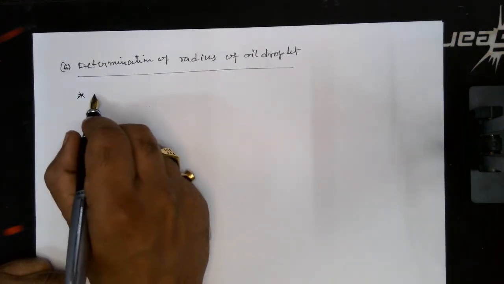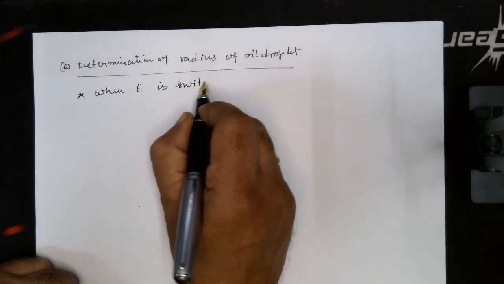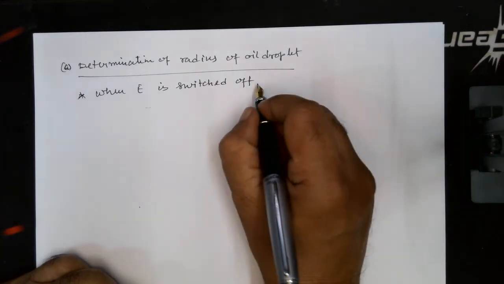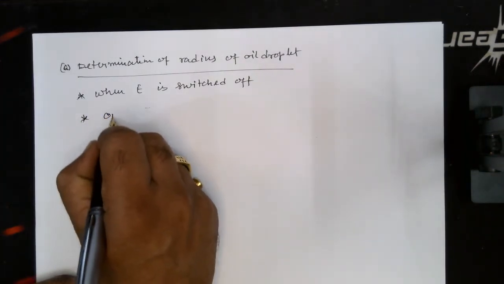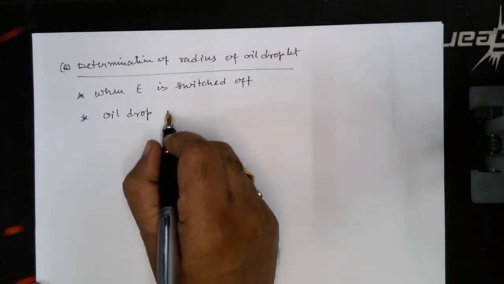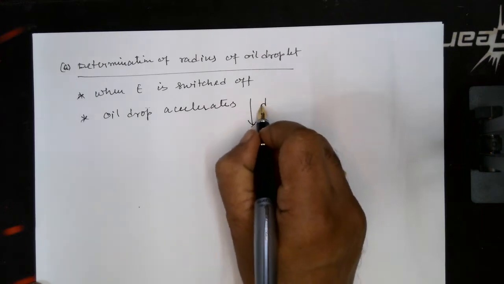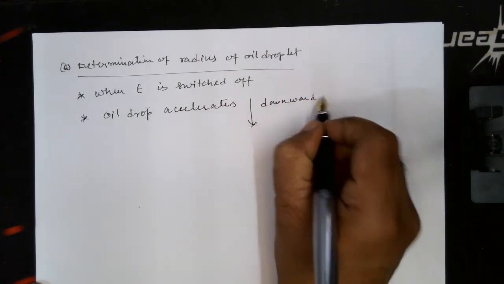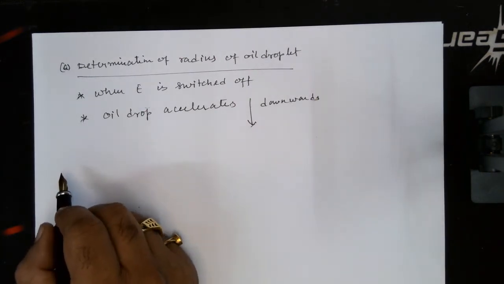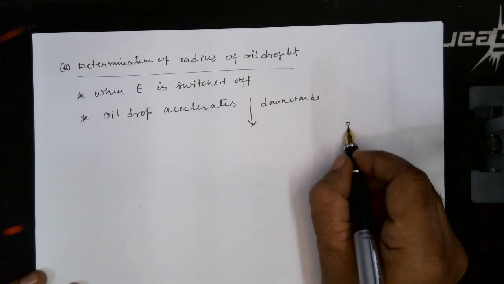When the electric field is switched off, the oil droplet accelerates downward. So the oil will be moving downward.